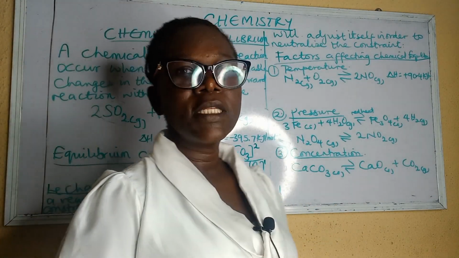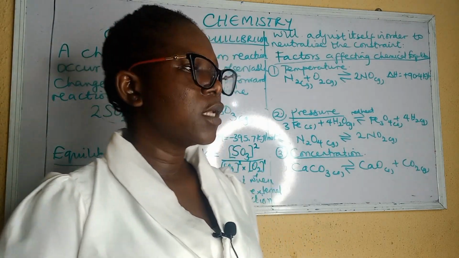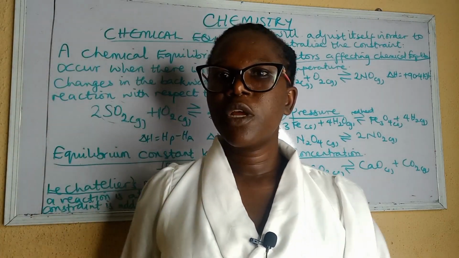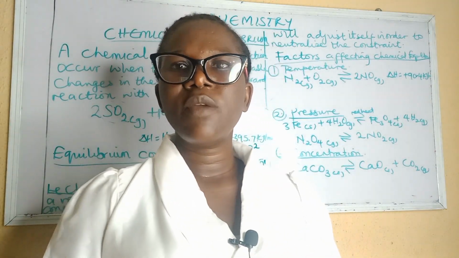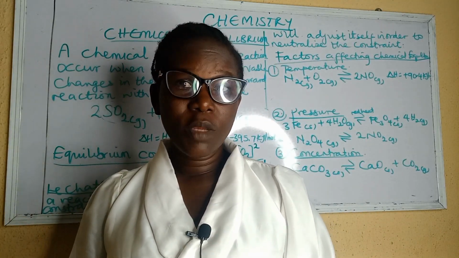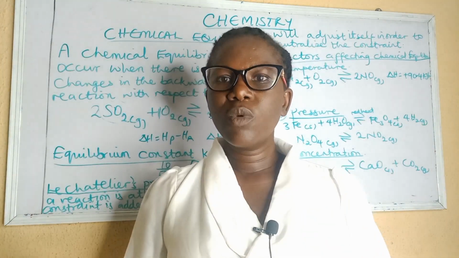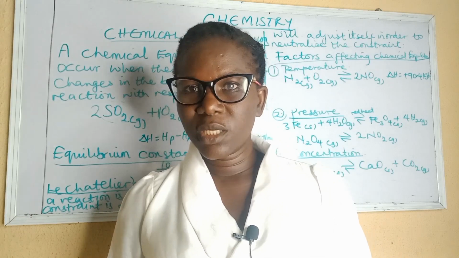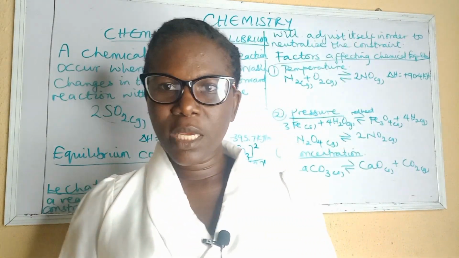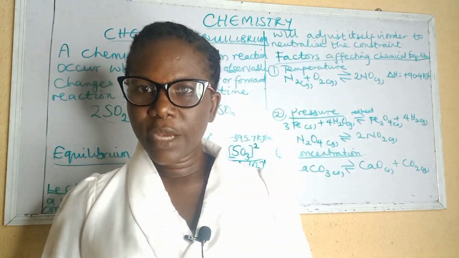And for us to understand these factors, especially that of temperature, if you are given a chemical reaction and you're asked to describe the effect of increasing temperature or pressure of such a reaction, what does it really mean? What's the importance or implication? Now, when a reaction is at equilibrium, it could even occur in the industry. The forward reaction will be equal to the backward reaction. There will be no changes, in a closed system, where as the product is being formed, none of it is escaping, and they are forming back reactants, especially in a reversible reaction.